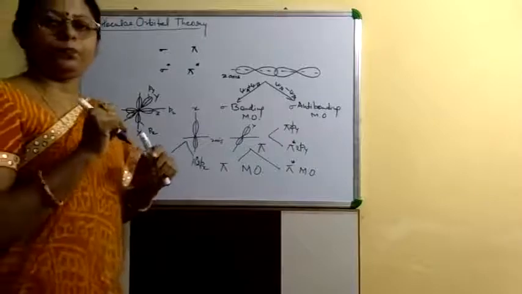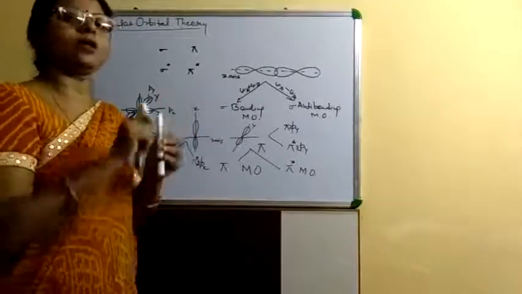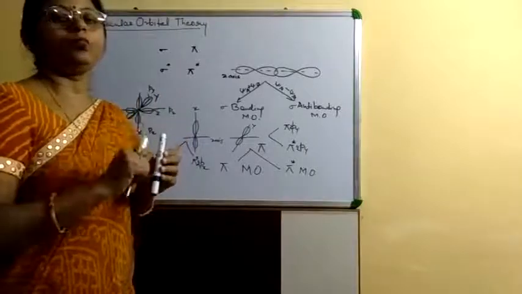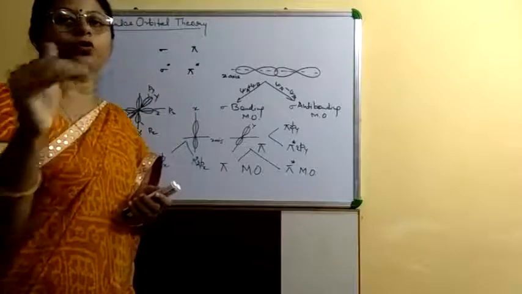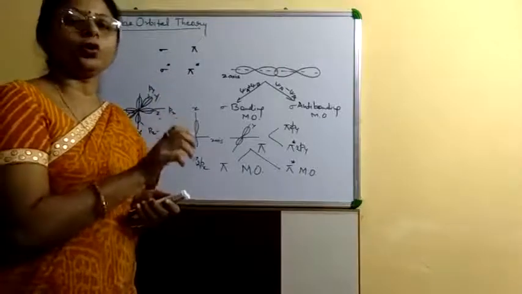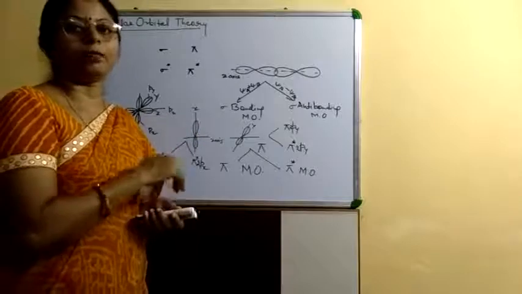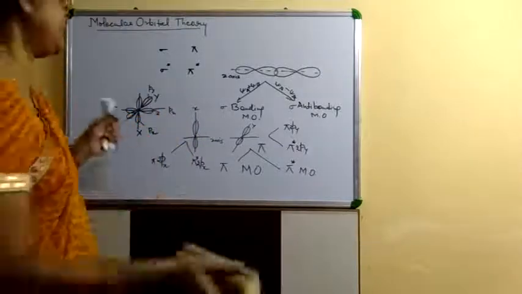Each p orbital combining with another p orbital generates 2 new molecular orbitals. It means the same number of molecular orbitals are formed as the number of atomic orbitals combined.